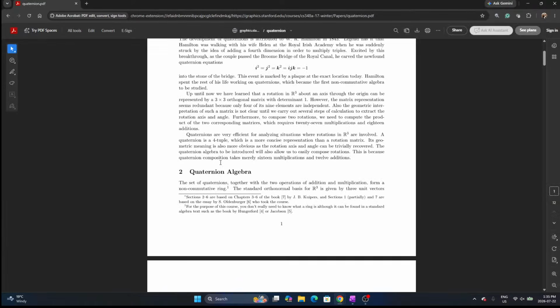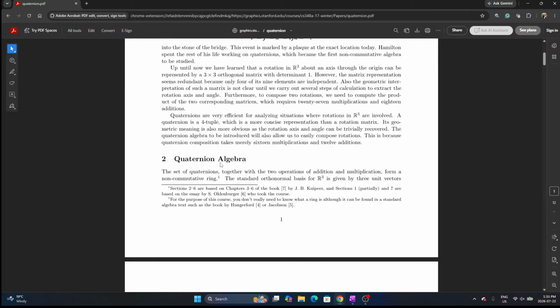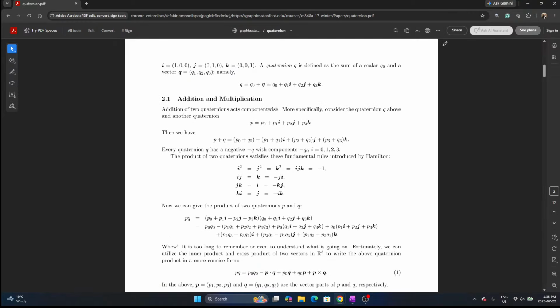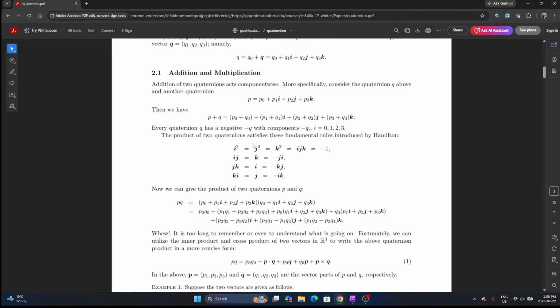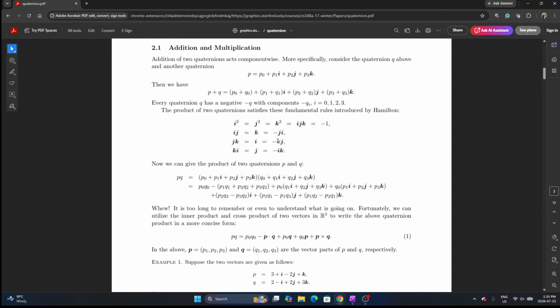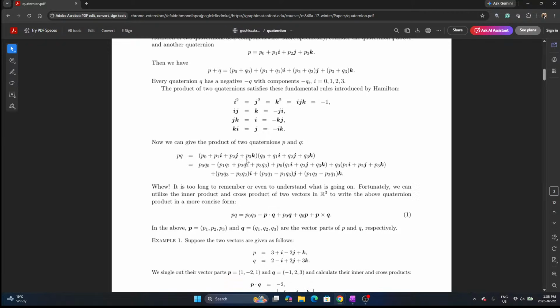I was quite impressed by it, but let me just take a look. So here, addition and multiplication. Addition is trivial. The product of quaternions satisfies these fundamental rules introduced by Hamilton. Are these just introduced or can they be derived? I was under the impression that you can derive these from the first formula. Can you?